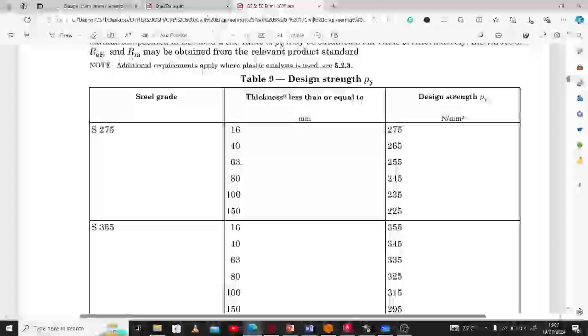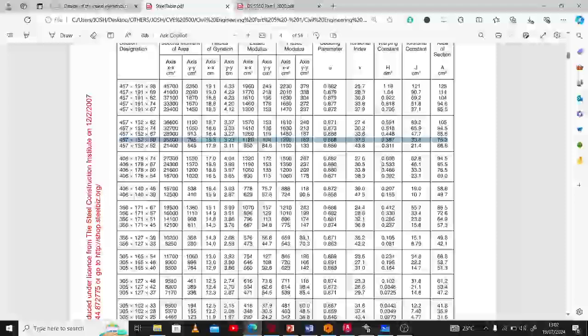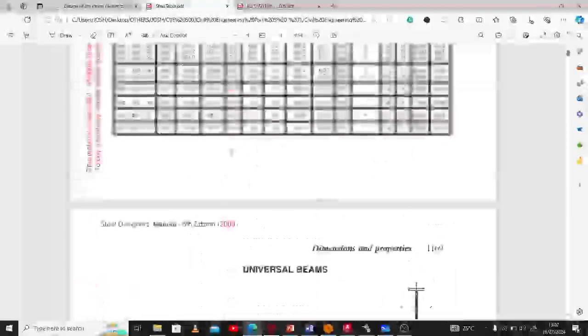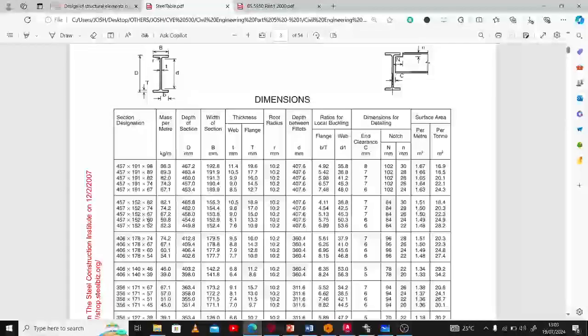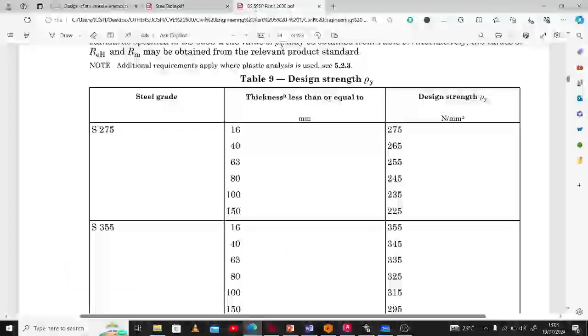Okay, so looking at the initial trial section, the thickness T of this 457 by 152 by 60. Now let's go to the properties. The thickness capital T right now is 13.3. You see that now, that's the 457 by 152 by 60 UB. So the thickness is 13.3, and that should be less than what we have here.